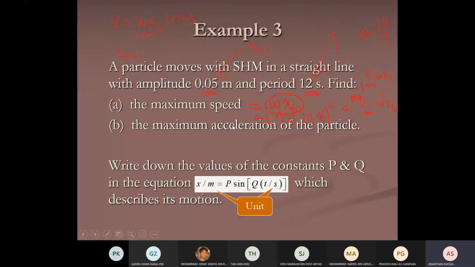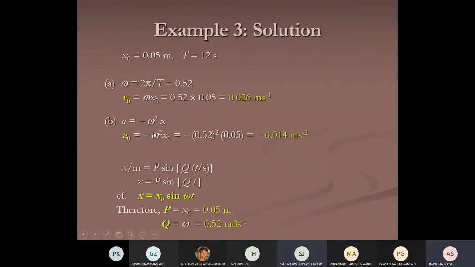What's the formula? Negative omega squared x naught. So negative 0.52 squared times 0.05 to get the maximum acceleration. In this case, you got negative 0.014.